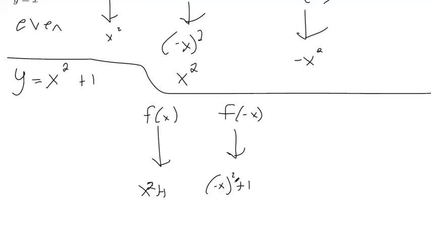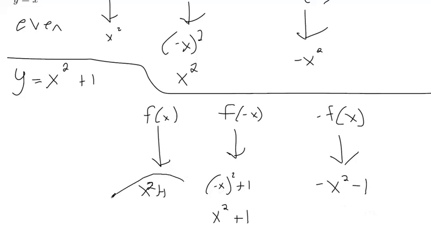Negative x squared is going to be just x squared because squaring the negative makes it positive. And negative f of x means I multiply the entire outside by -1. That's going to be negative x squared minus 1. Okay? So these two things are the same, right? So this is another even function.